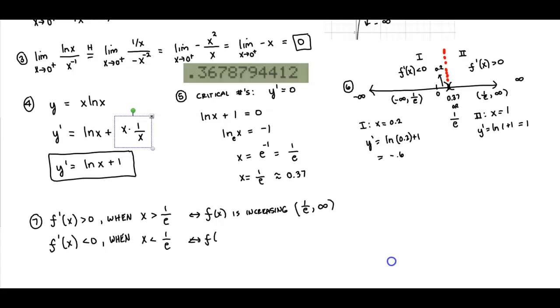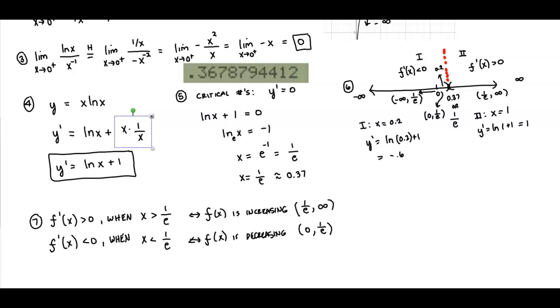And we know that f of x is decreasing from 0 to 1 over e, because we can't look at anything below that, so we're looking at the interval here from 0 to 1 over e.